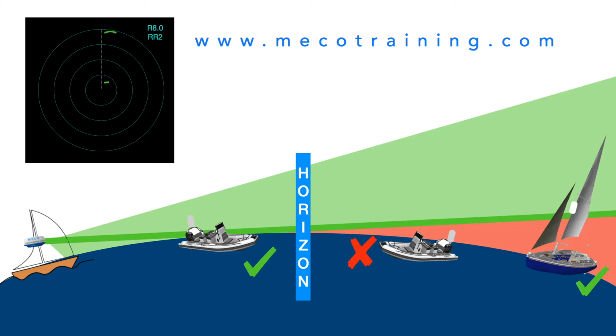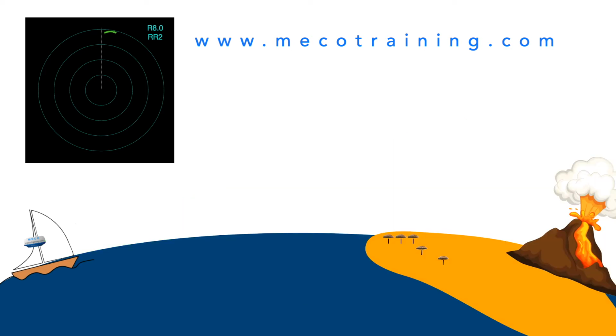In the next example, a skipper on board the vessel here has a 9-metre antenna height, and he's observing the radar screen hoping to find the low-lying sandy coastline of the island. A target has appeared on his radar screen at a range of 8 nautical miles, but this is beyond his 6.6 nautical mile radar horizon.